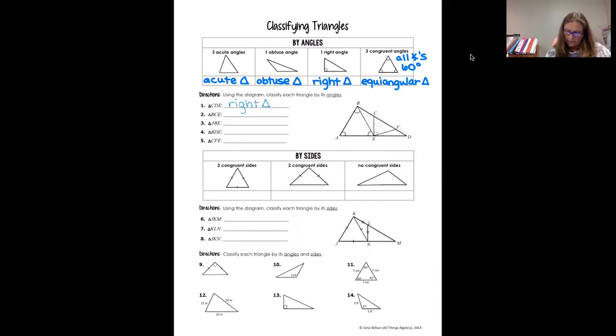All right, let's take a look at BCE. Triangle BCE appears that angle C is an obtuse angle. So this is an obtuse triangle.